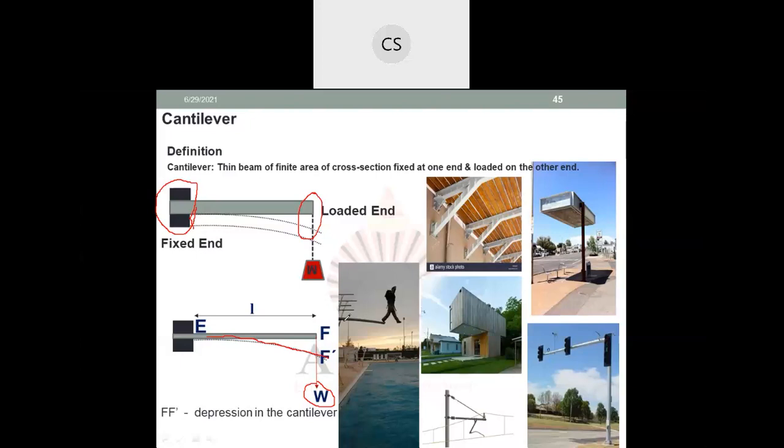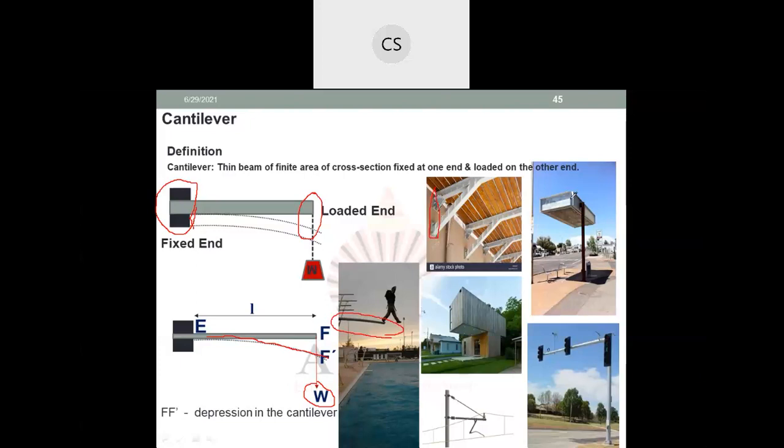So there are different places where you can see a cantilever. Of course, in the swimming pool, the diving plank is nothing but a cantilever. One end is fixed, the other end is loaded. Then in a roof you can see this type of structure, which is a cantilever. One end is fixed, the other end is free and loaded.